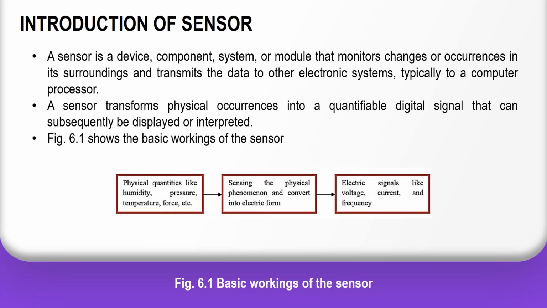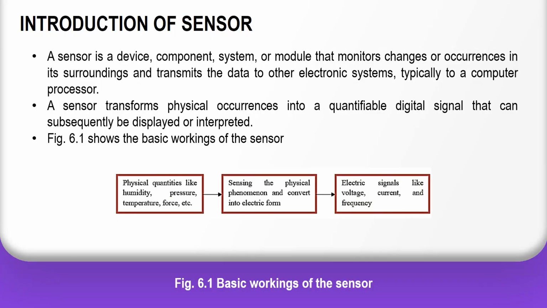So if I see the basic working of the sensor, I have some physical quantities, which may be in the form of a humidity value, a pressure value, a temperature value, or a force value. Actually, all these stimuli we are going to use for the 4D part, and for the 4D part, the sensing capability has to be introduced. That is why we need to understand some of the basics of the sensor, right?